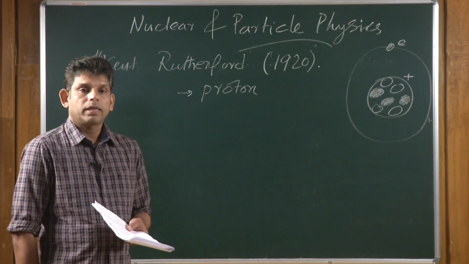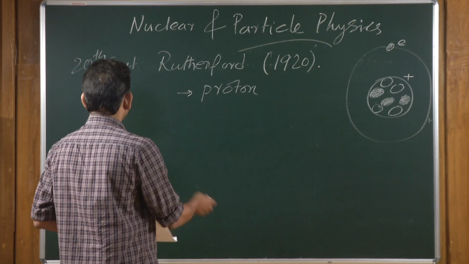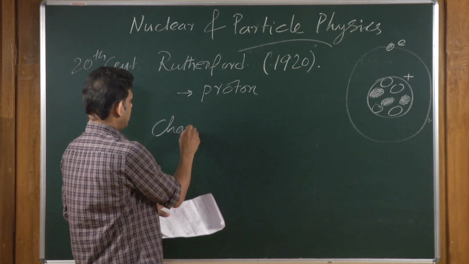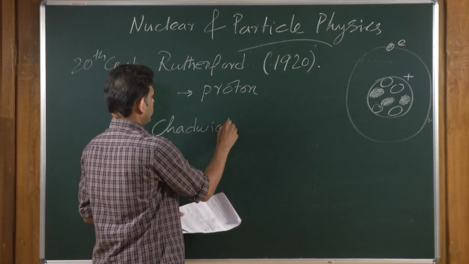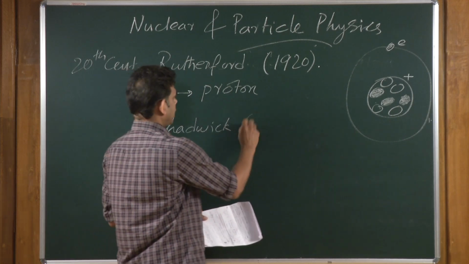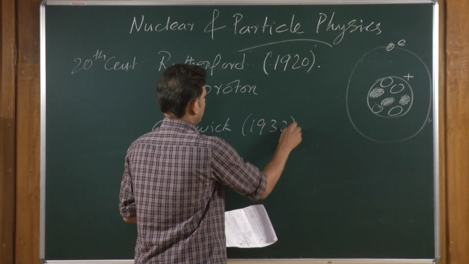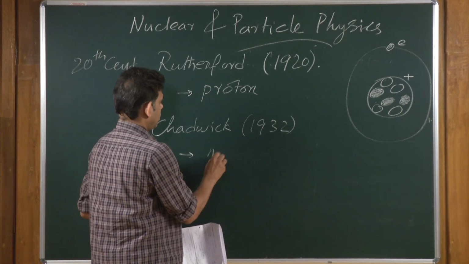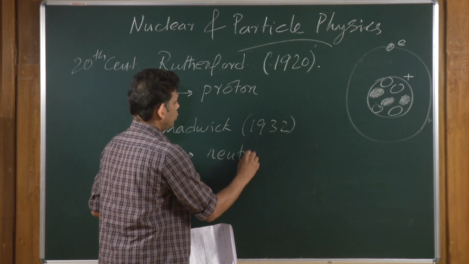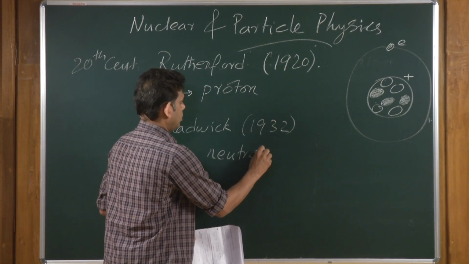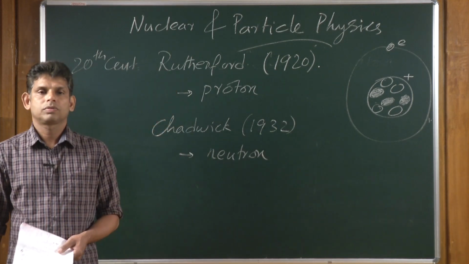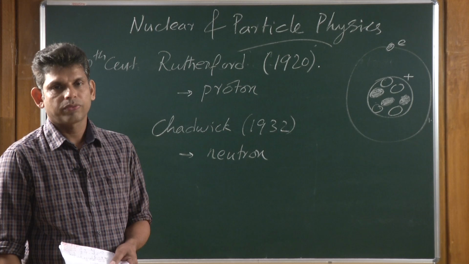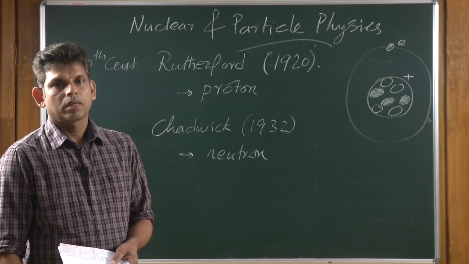That is one thing, and then later on other experiments led Chadwick to discover in 1932 another constituent which is electrically neutral, present in the nucleus along with the proton.